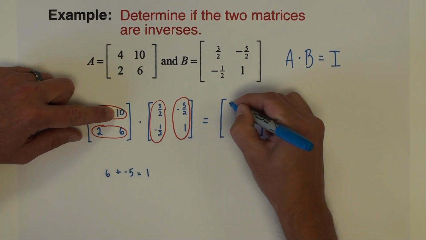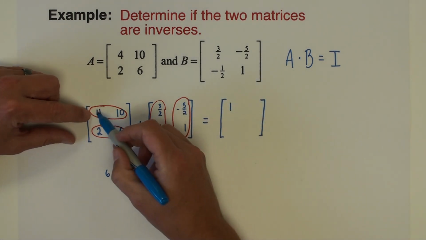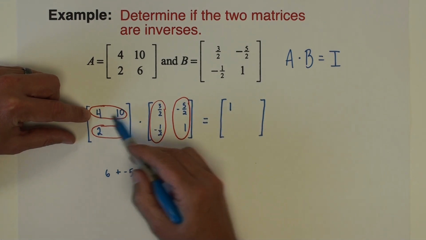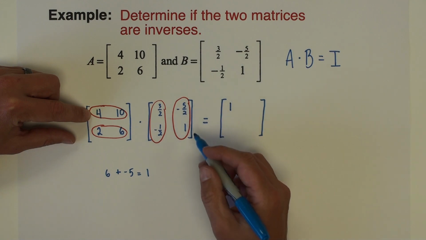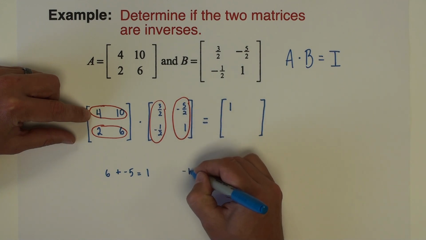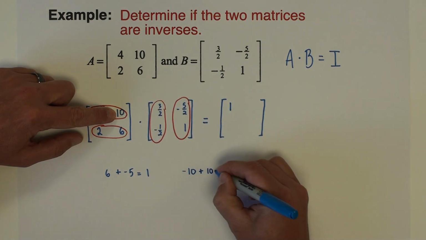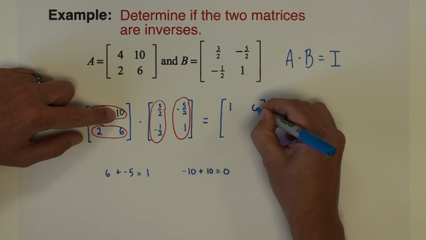That equals 1. Now I'm going to stay in the top row. I'm going to do the second column here. So I'm going to do 4 times negative 5 halves, which is negative 10, plus 10 times 1 is 10. That's 0.